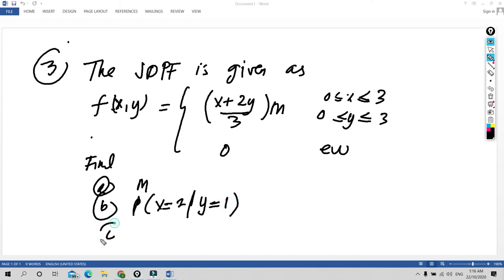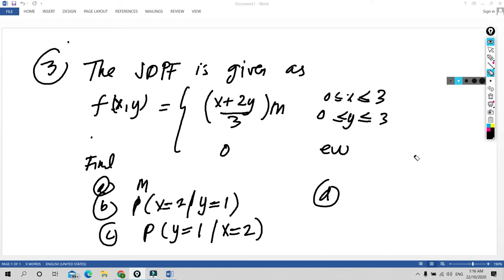Then c, the probability of y is equal to 1 given x is equal to 2. Then d, I want you to find this one. That's all right.